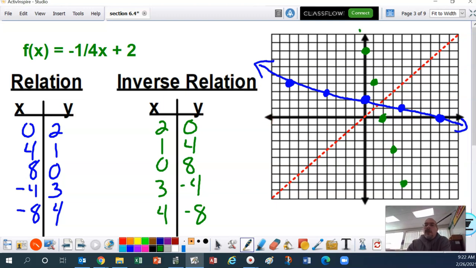All right, there is the line. And again, look at how it's reflecting. If I folded it in half, it reflects over that line.